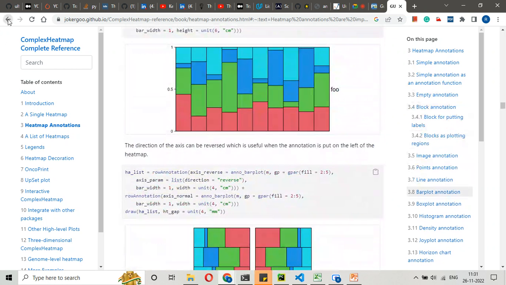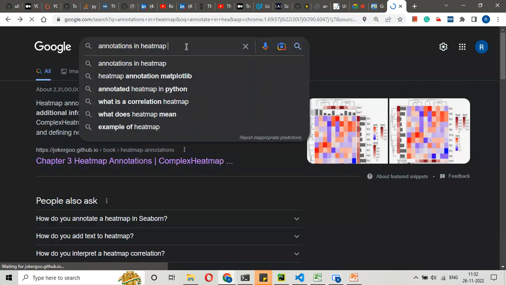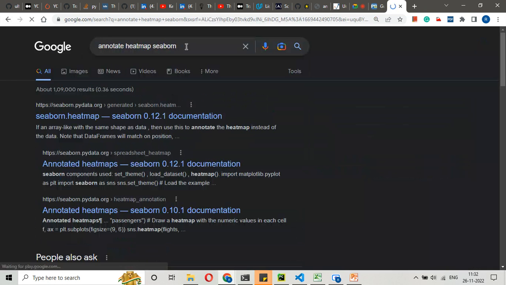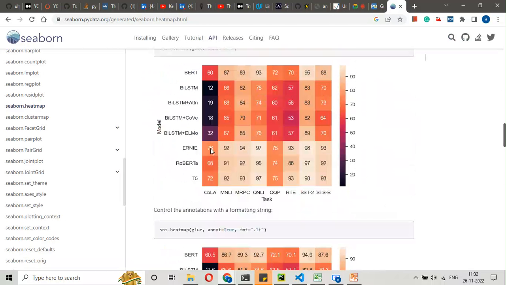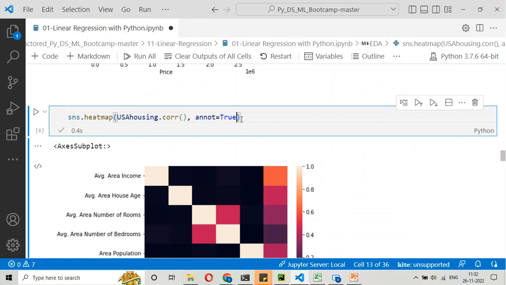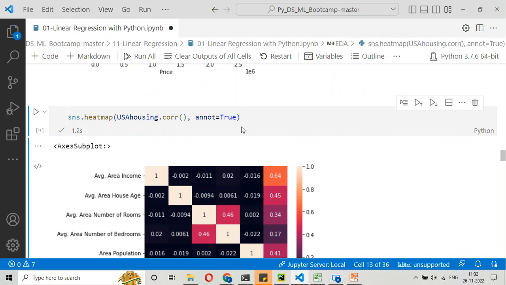This is for Seaborn, we should check. Now here, yes, you can see the values now.